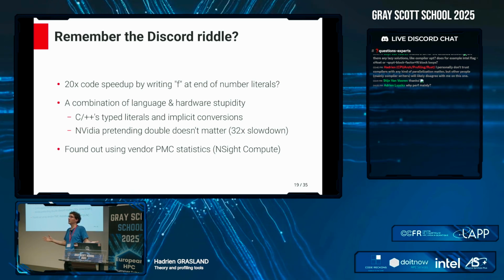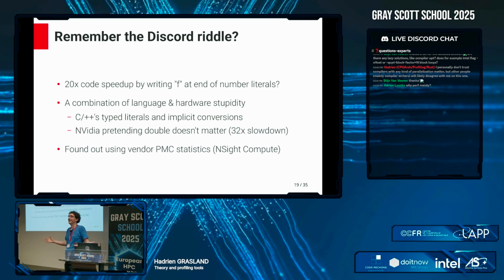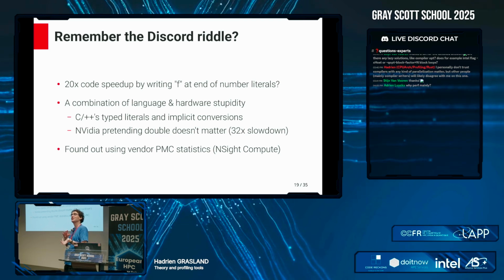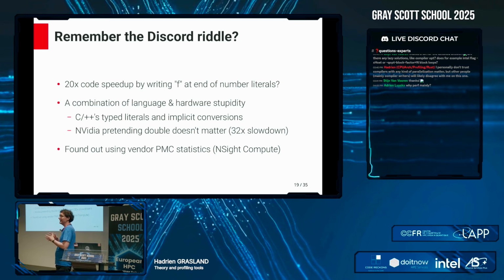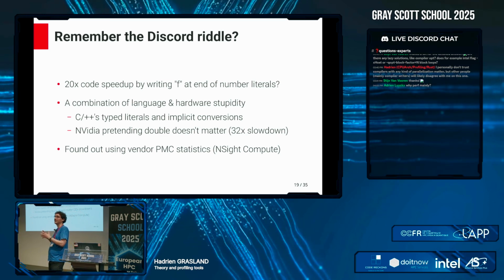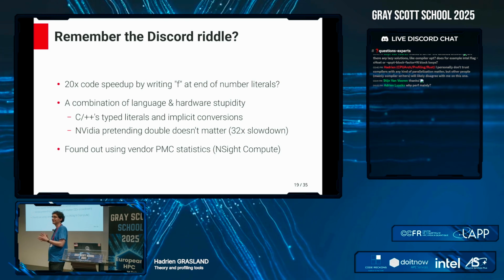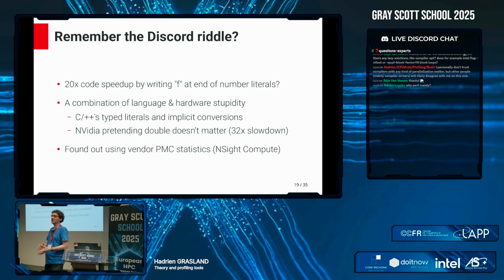It says that all floating point numbers are double precision, and all integers must be converted to double precision if combined with other double precision numbers. Due to this feature of the C programming language, it's very easy to accidentally end up working in double precision when you don't want to. And unfortunately, this interacts with another stupid bit of infrastructure, which is an NVIDIA GPU.